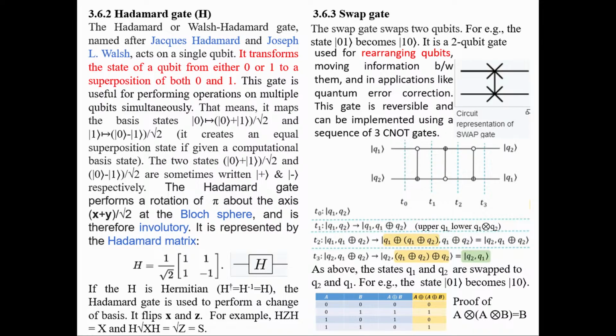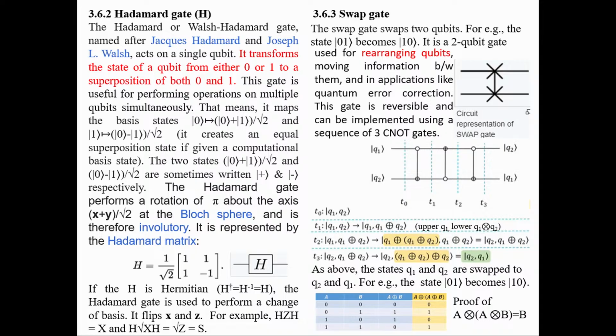This is highly entangled to each other. So to get 0 ket becomes 0 ket plus 1 ket by square root of 2. That means there is an entanglement between these two. So with that, the speed will enhance like anything, and computations will be enhanced this way also.